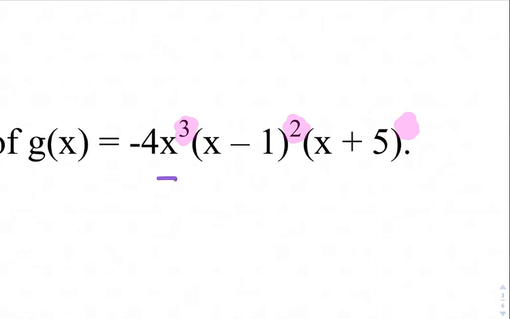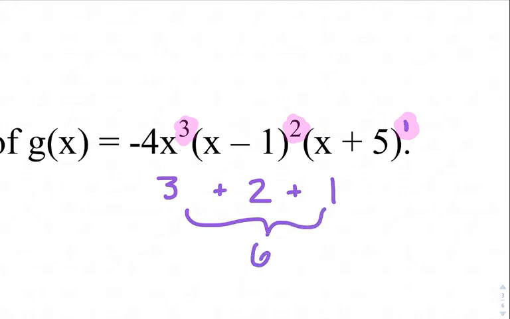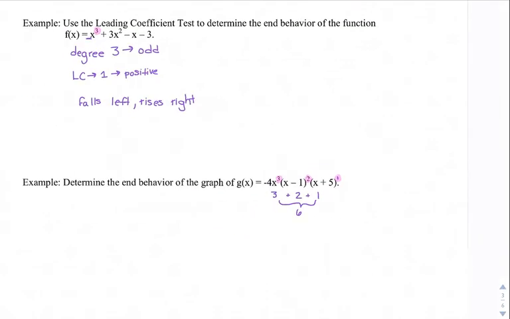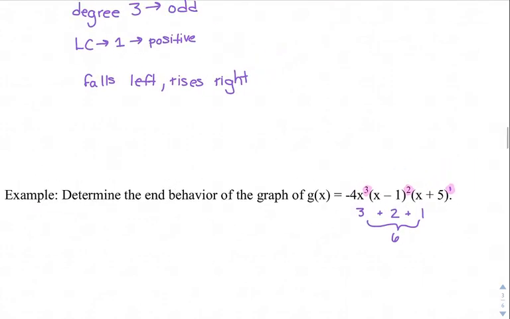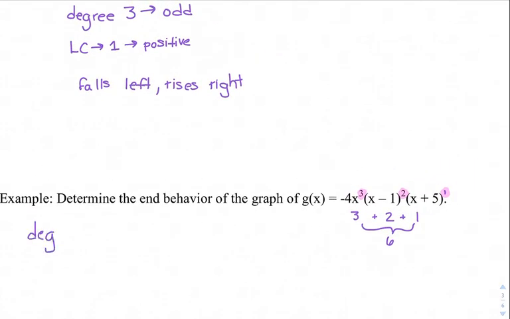I have a degree of 3, a degree of 2, and then this has a degree of 1. It's a little imaginary, but don't forget it's there. We add all 3 together, which means this whole function has a degree of 6. Since it has a degree of 6, it's an even function.